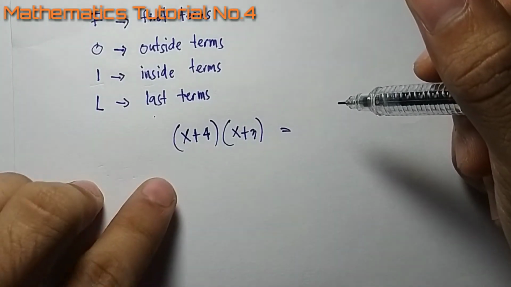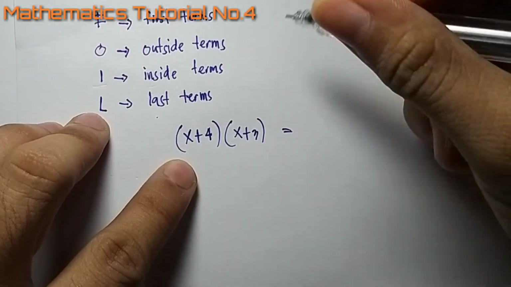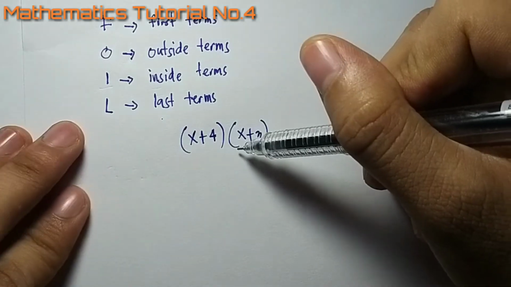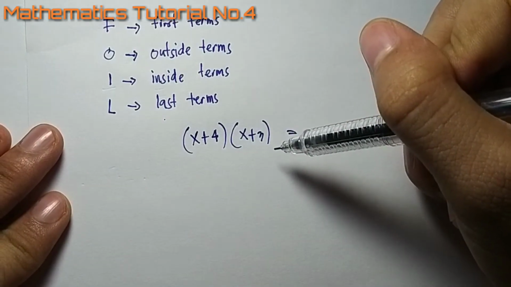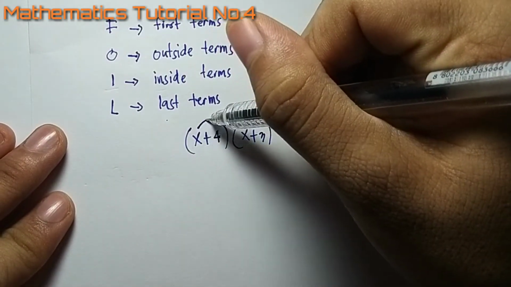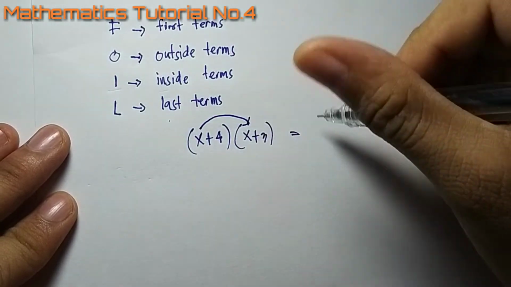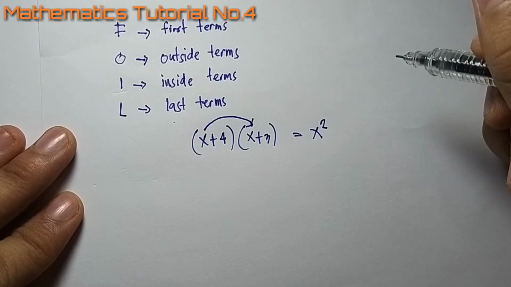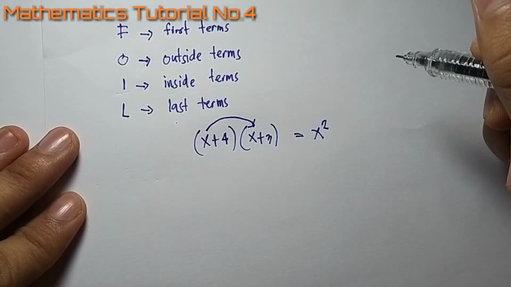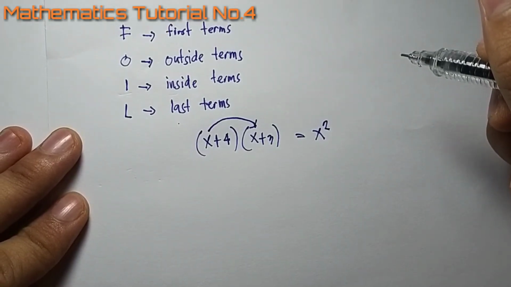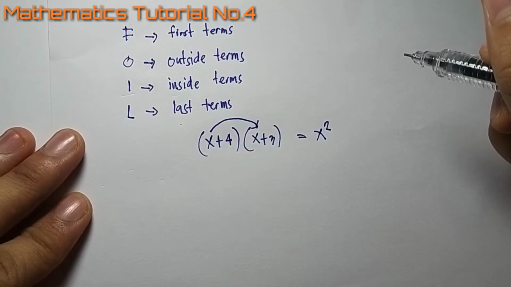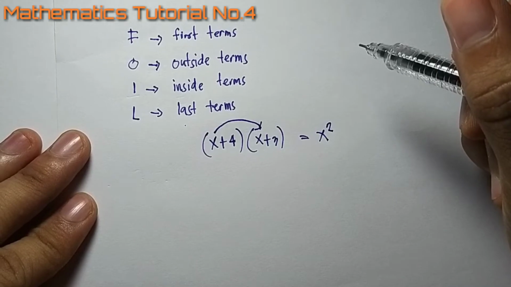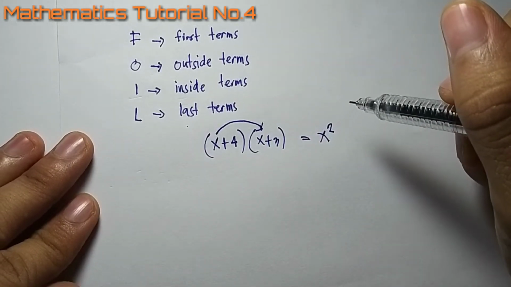So mag-start ta og multiply sa mga first terms. Di ba ang first term nato diri is x, kini nga binomial. Ang diri sa pikas nga binomial, ang atong first term is also x. So that is x times x. So that is x squared. Di ba pag mag-multiply ta og parehang variable, i-add na ang exponent. So naa man imaginary one nga exponent, therefore, 1 plus 1, 2, mao na x squared.